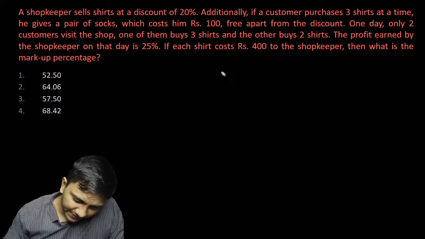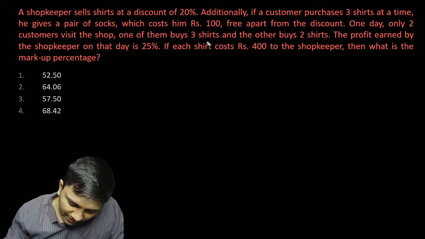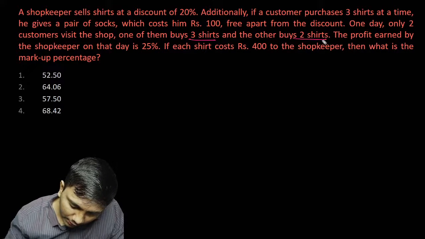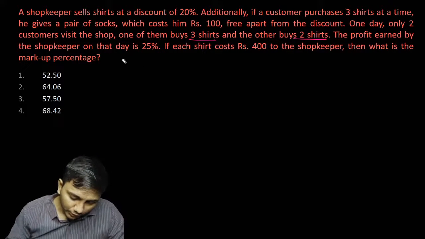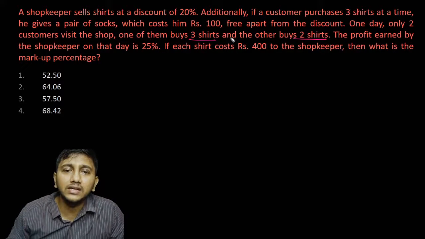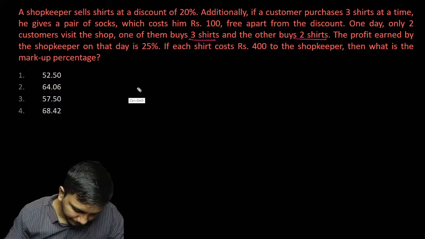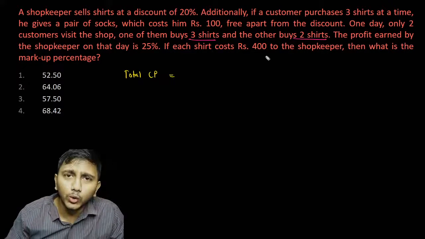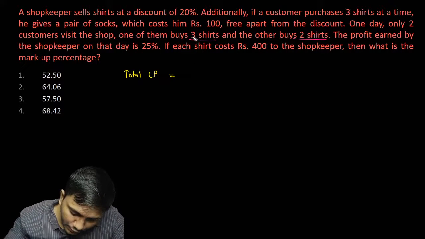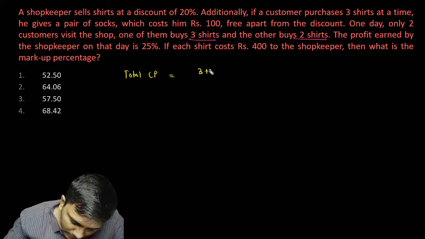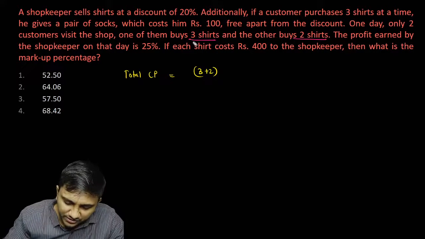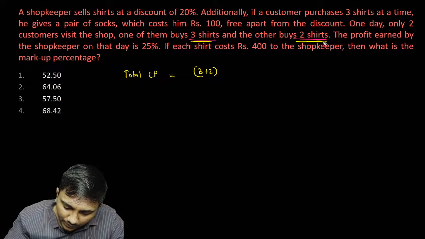Okay, let's see the total sale he is doing on that day. He has 3 shirts and another 2 shirts sold. So let's see what is the total cost he will incur for the sale on that day. So total CP for the whole sale that happened on that day, it's going to be 3 plus 2 because he's selling a total of 5 shirts, right? 3 plus 2.